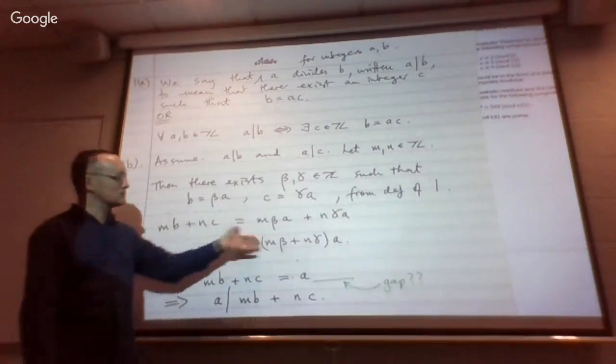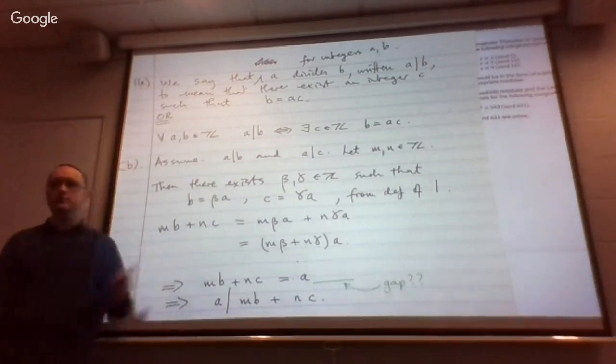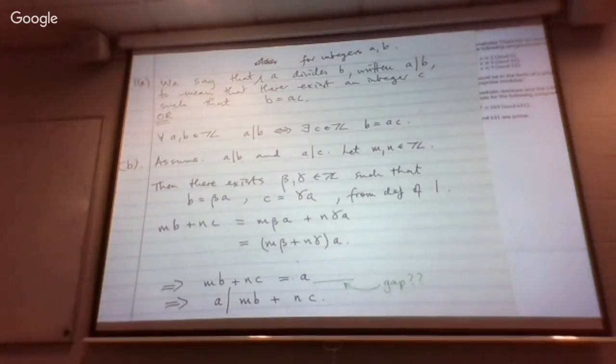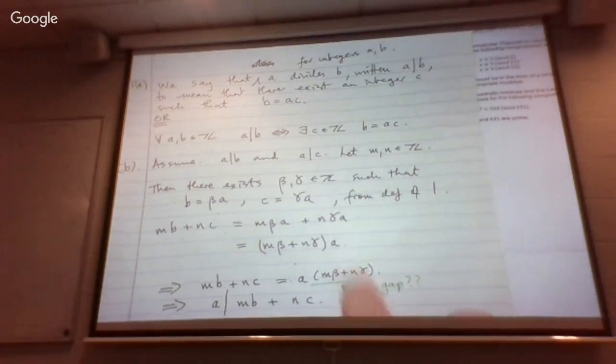You multiply them and add them, you've still got an integer. It's multiplied by A, and it gives you MB plus NC. So you fill that gap, and you're justified in concluding that A divides this. That's true by the definition of divisibility.